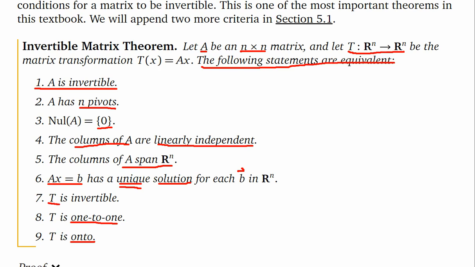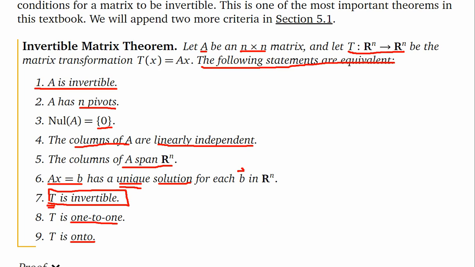Also, T is invertible. So in calculus, I know that if a function f is continuous and is one-to-one and onto, then that function has an inverse, right? Well, now we're looking at the linear transformation T, which is a function, and we're going to say, how do I know when T is invertible?